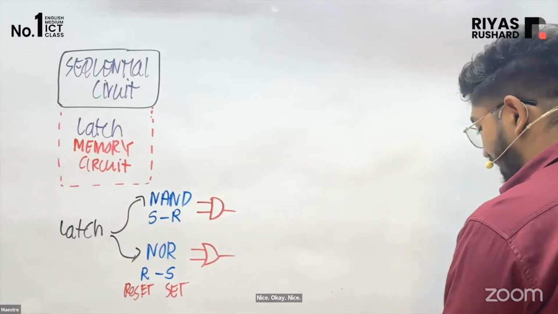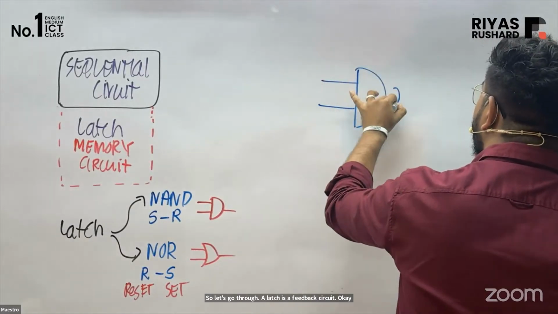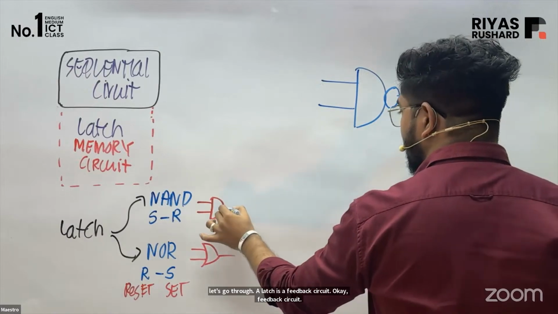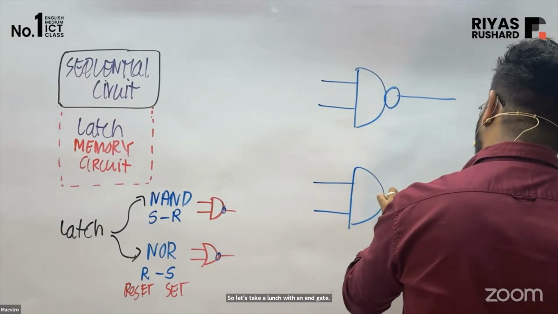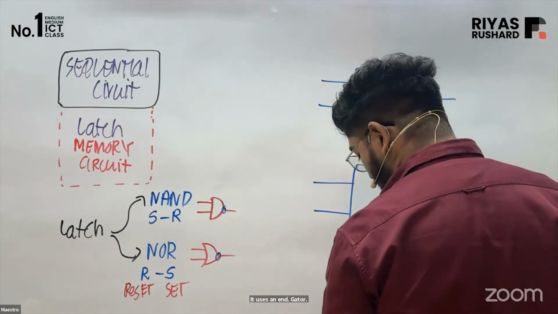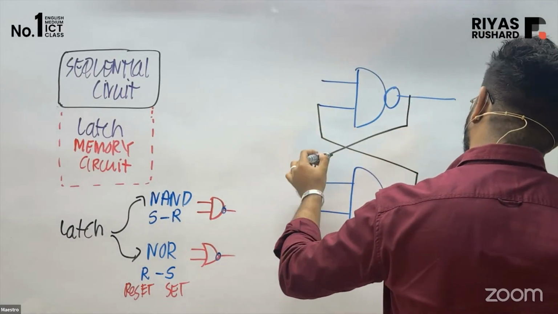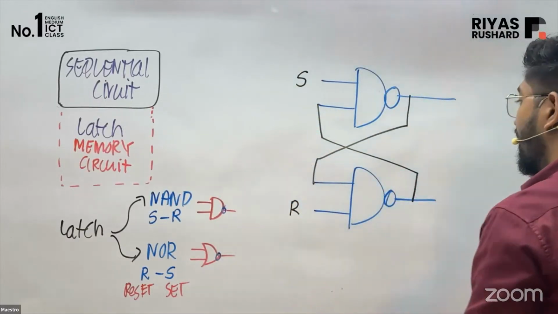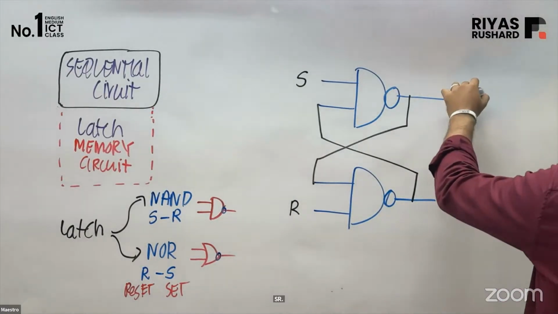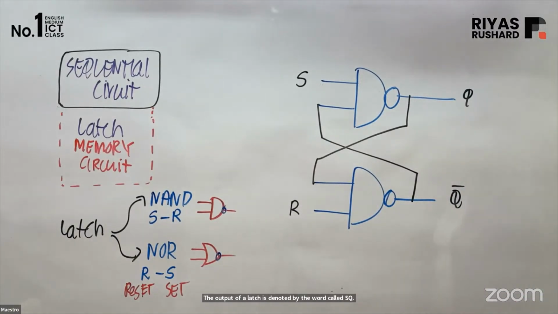So let's go through. A latch is a feedback circuit. Okay, feedback circuit. So let's take a latch with a NAND gate. The output of a latch is denoted by Q and Q bar, which means the outputs should always be opposite.